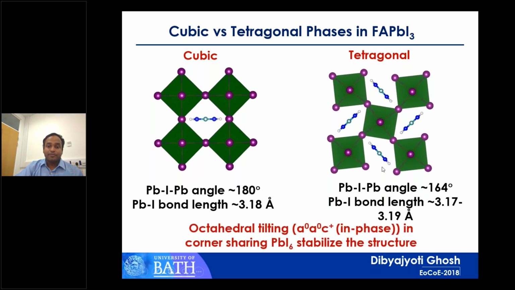So this is another nice finding, that if you really have a distorted structure in formamidinium lead iodide, it depends on how much your lattice is distorted, but it can be much more stable than the high symmetric cubic phase.